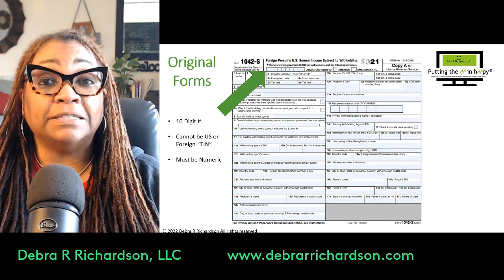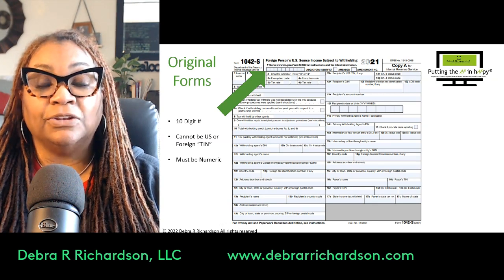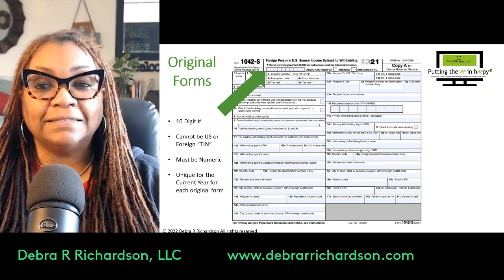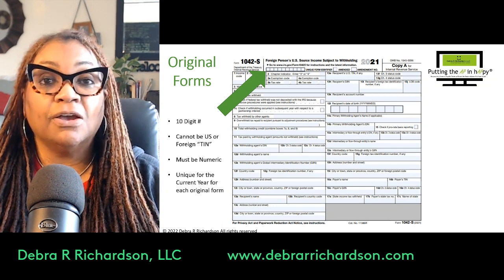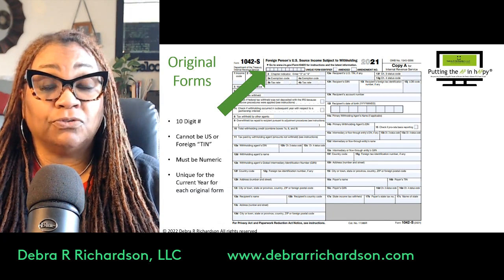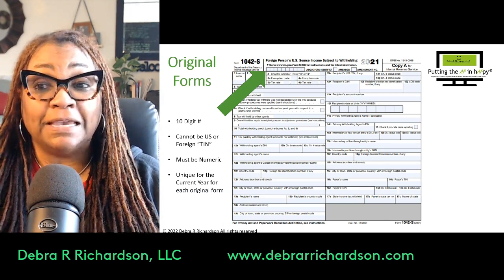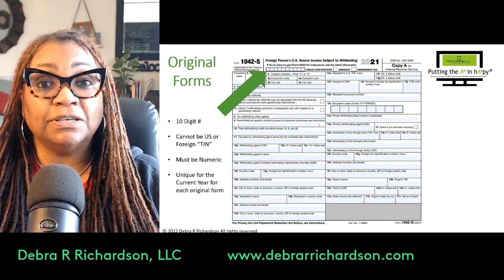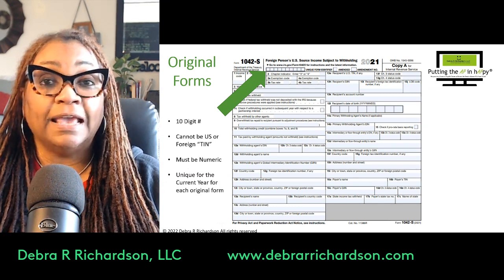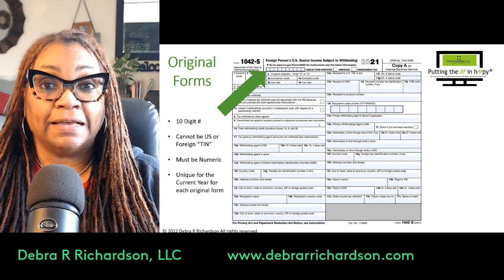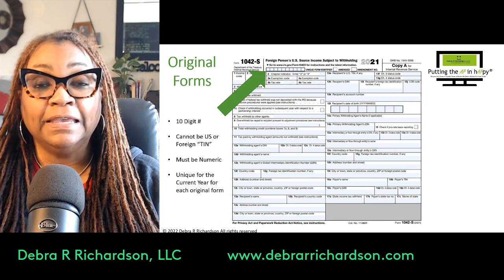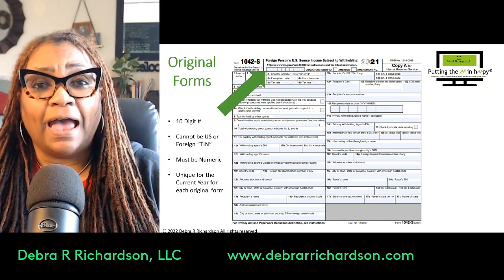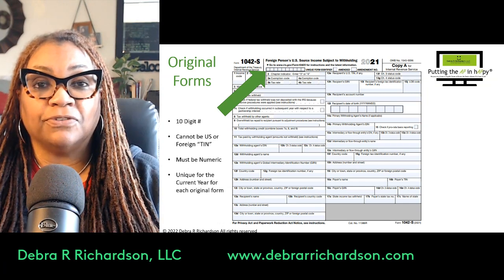Also, it must be numeric, and then lastly, it must be unique for the current year for each original form. Now, that does mean that you can use it for a subsequent year if you choose to and if your system allows it.